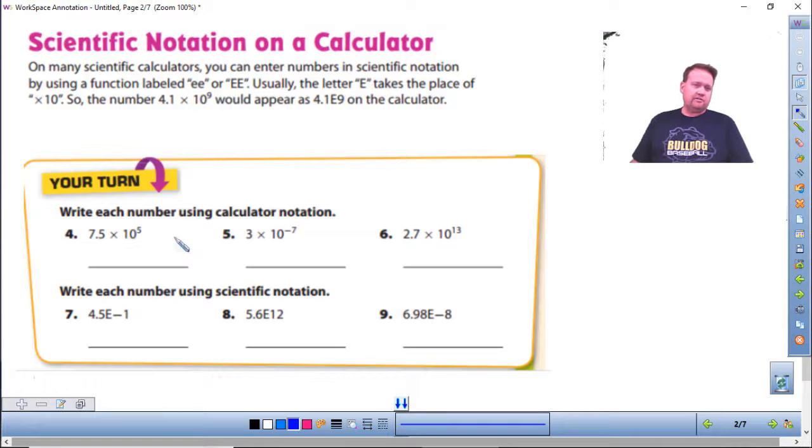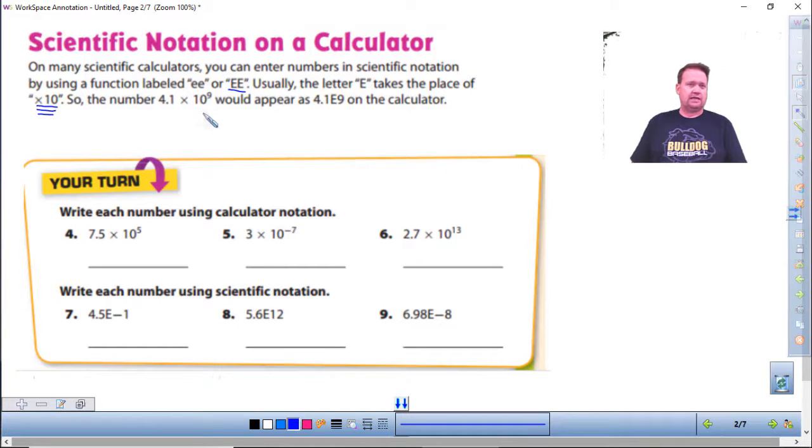So to start, first of all, you can do a lot of these things in the calculator, and there is something called calculator notation. A lot of times calculators will display EE. What the EE stands for is the times 10 to the some power part when we write something out in scientific notation.